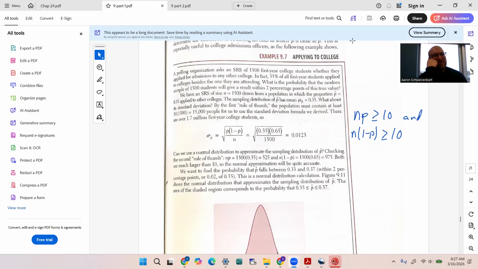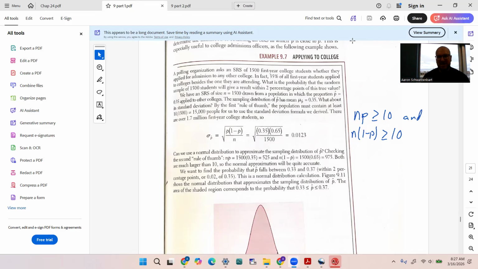We had 1,500 first-year college students, and 35% of them applied for another college other than the one they're going to. Is the population of first-year college students more than 10 times my sample size of 1,500? Yes. There's way more than 15,000 first-year college students.